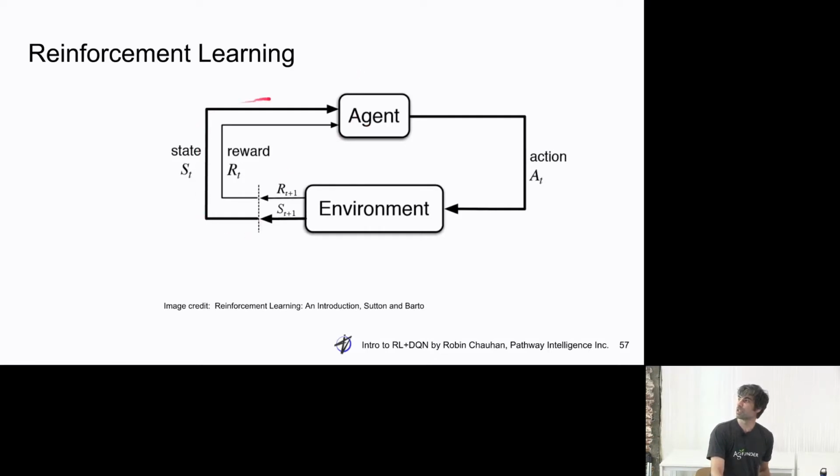The agent is getting a state, or sometimes an observation more generally, but here we'll say state. It takes an action and then it gets a reward, and it keeps going around like that. Now the agent is really just some kind of machine or function that chooses the next action. That's the most general way to talk about what an agent is.